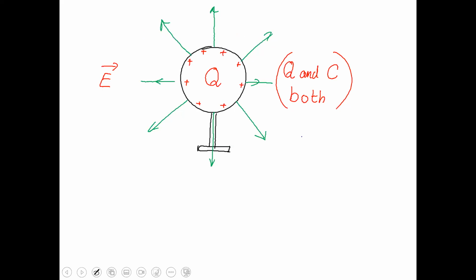Now you have to write under it, when a metal sphere is charged, it acquires capacitance.